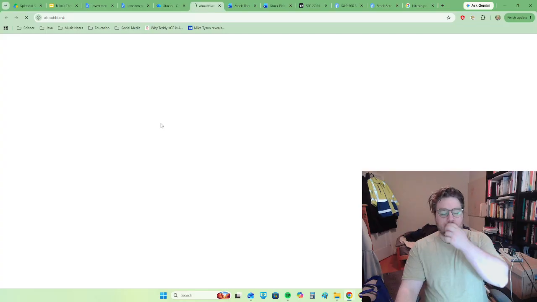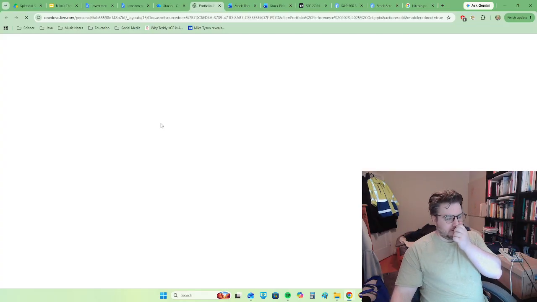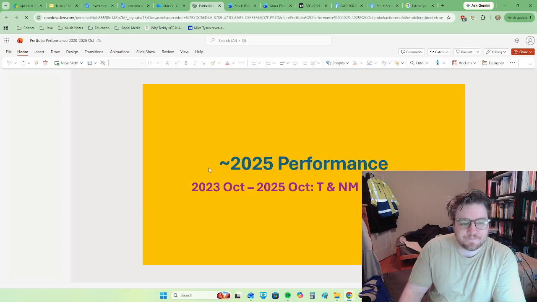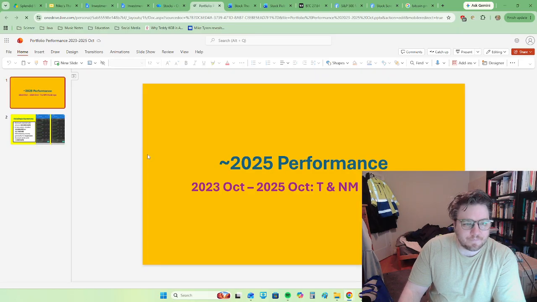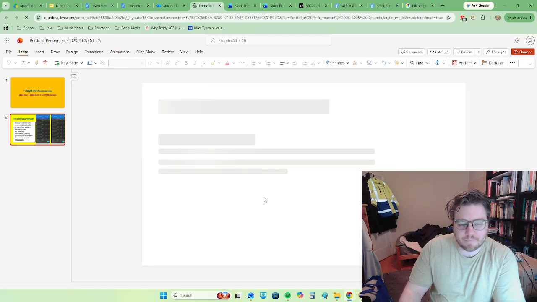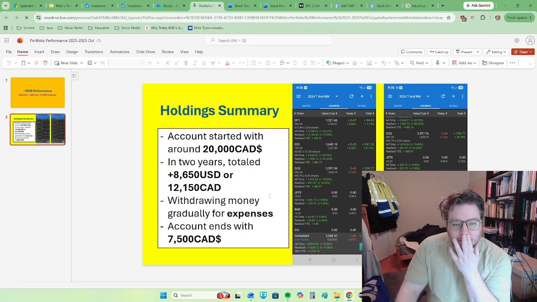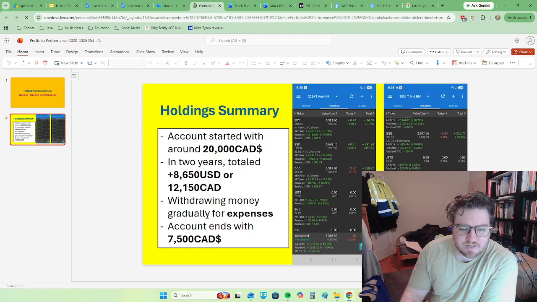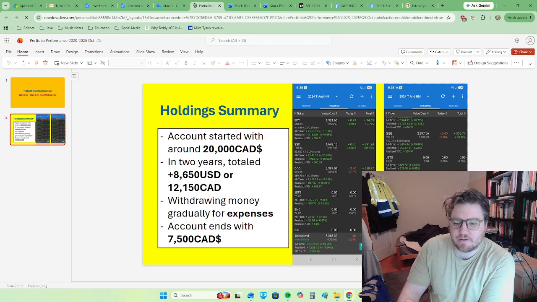I have it right here. Account was $20,000. I made $12,000, but I withdrew it all. So I had my indices, I had some bonds, I had some airlines, I had Disney and Nvidia, and that was it.